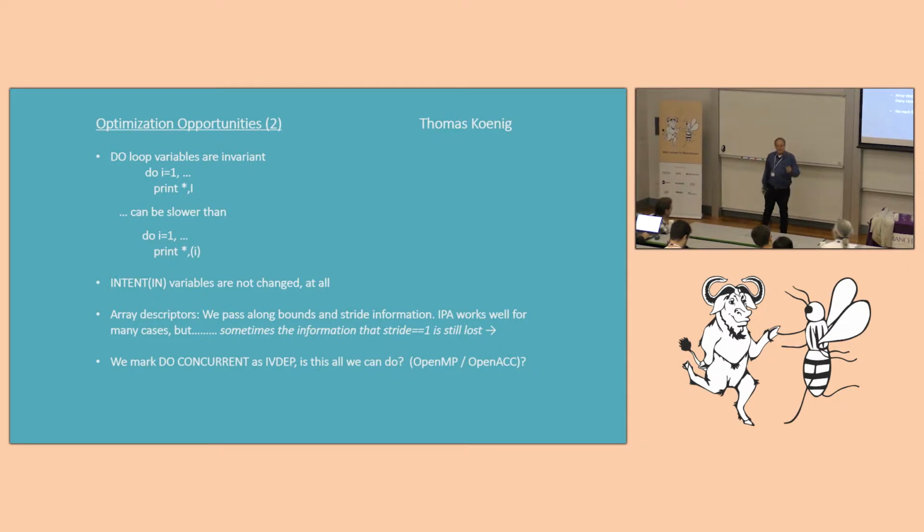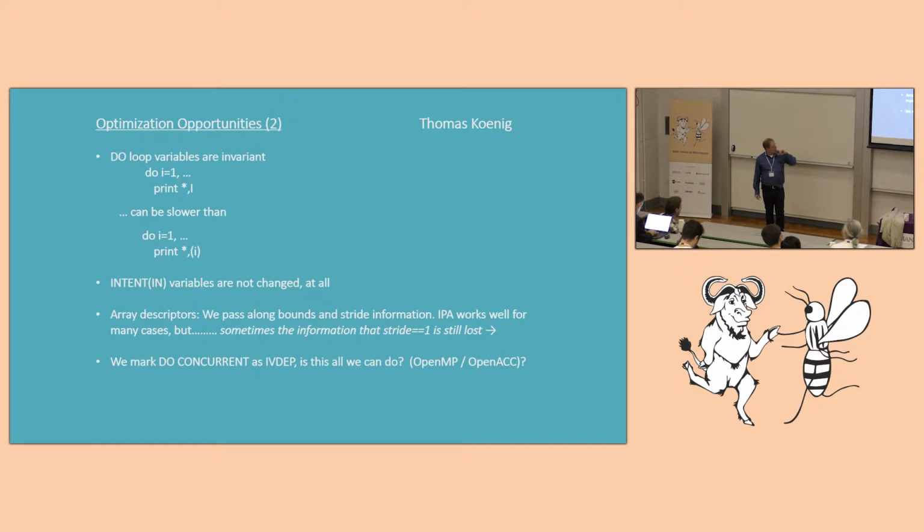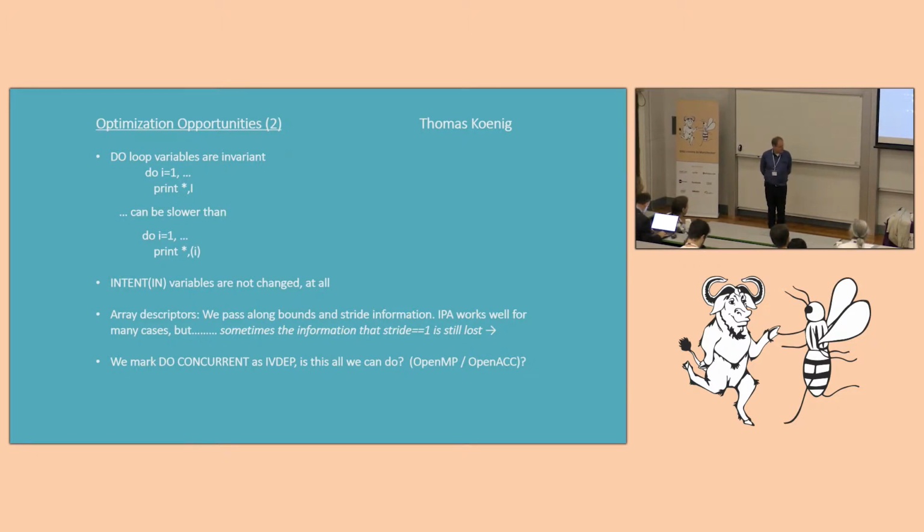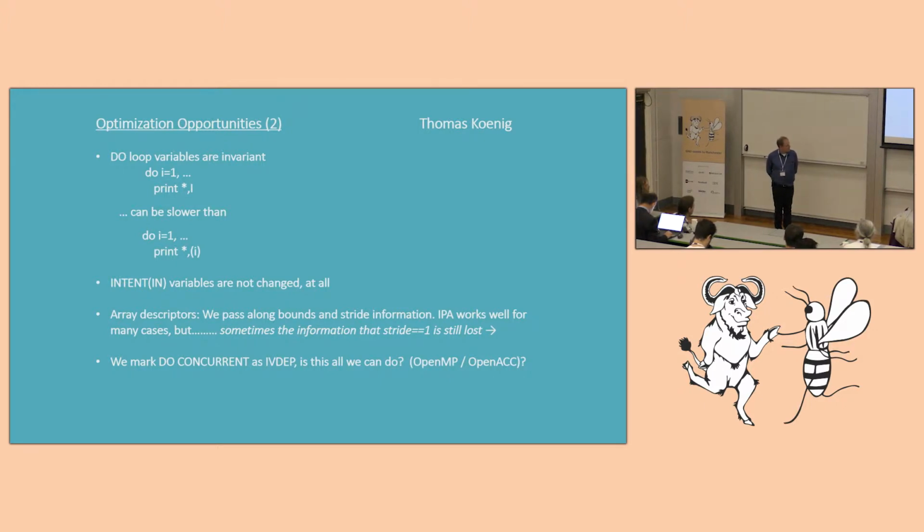We rather recently marked this as ivdep, which is more or less what it is. But of course, there's also a question: is there something more that we could actually do with this? Annotate it in some other way that could possibly work together with OpenMP or something like that. It most probably would just be adding a few lines of code, but I don't know if any of that would actually be useful.